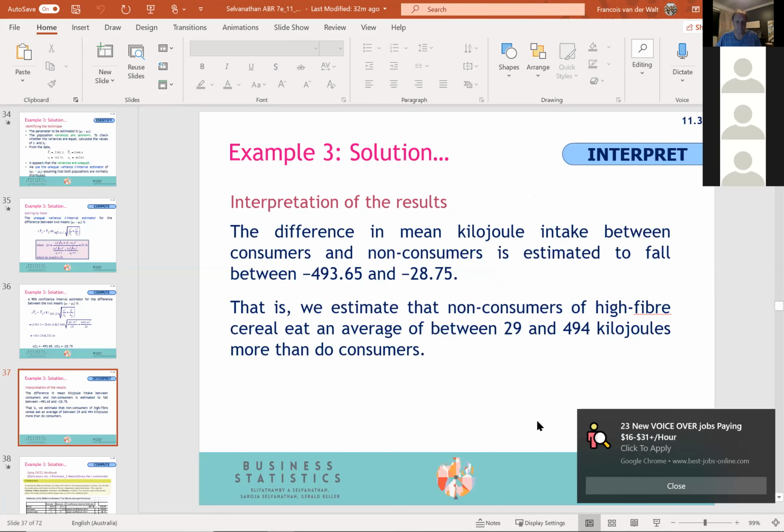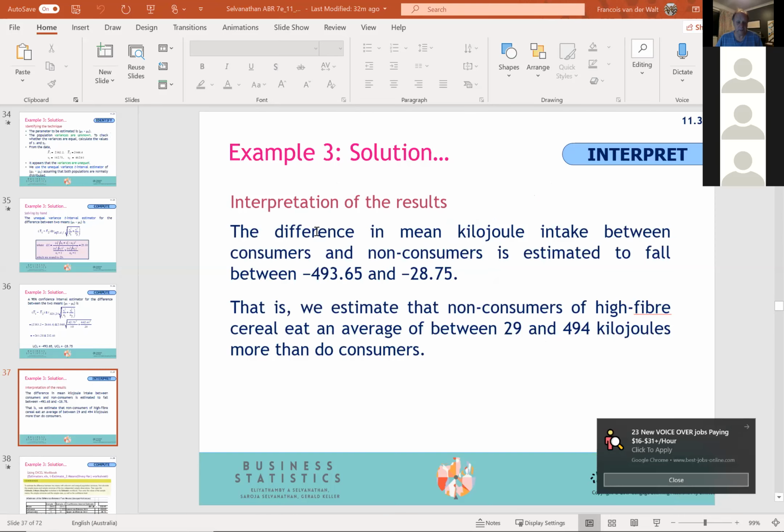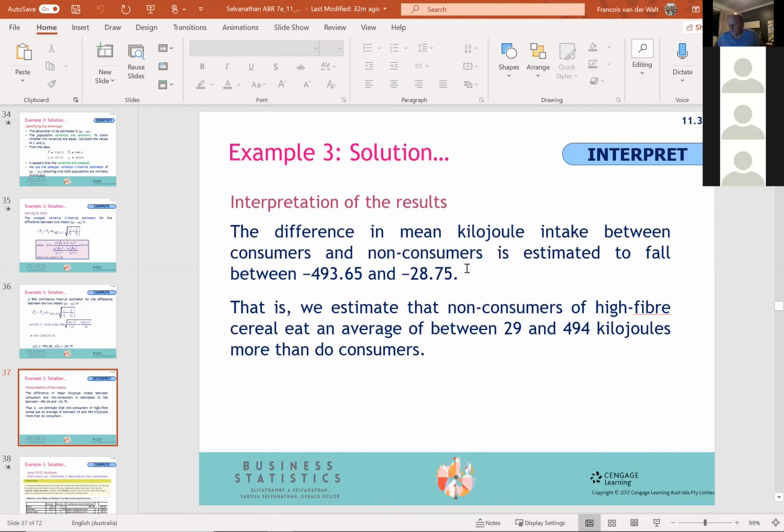Okay, so example 3, interpretation of the results. By the way, this interpretation is something that I'm going to look at quite strongly, because business analytics is about how you interpret what you do. So the difference in mean kilojoule intake between the consumer and non-consumer is estimated to fall between this value and that value.